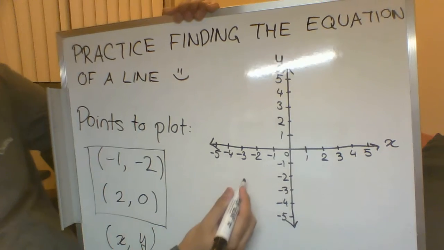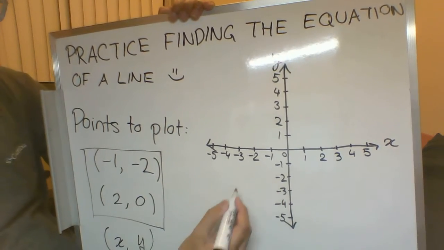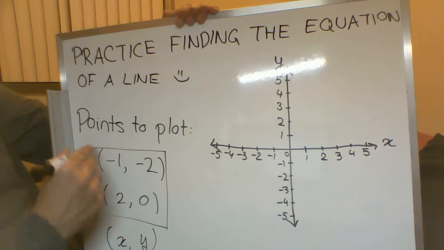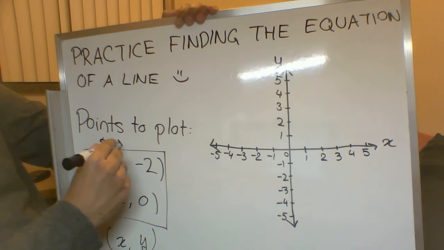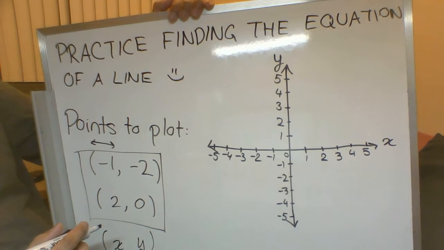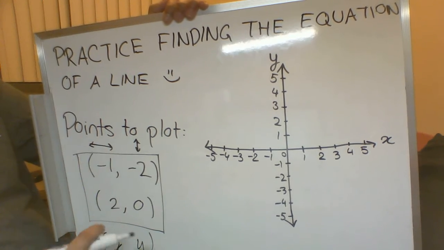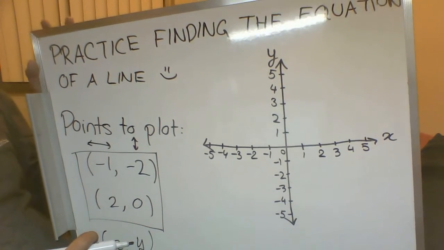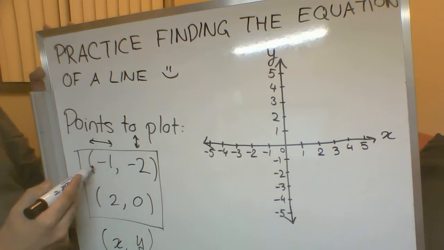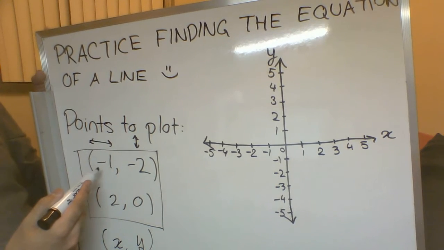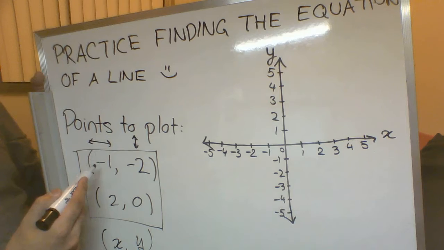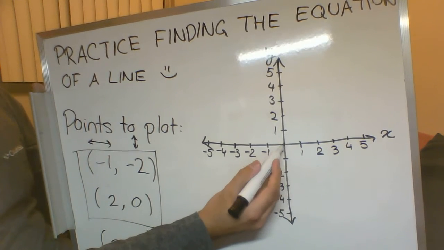So our first point is at -1, -2. Remember, the first number is telling us whether we're moving to the left or the right, and by how much, and the second number is telling us whether we're moving up or down, and by how much. So the first one is telling us we're moving 1 unit to the left because of this negative sign. So that's 1 unit to the left of the origin.